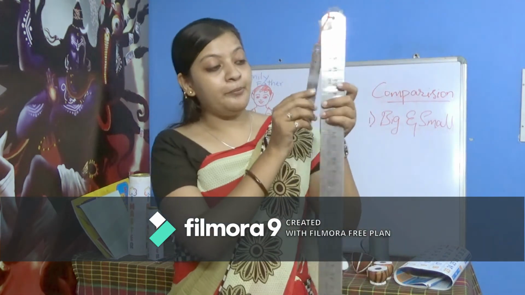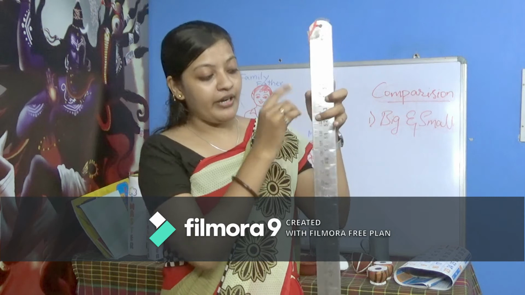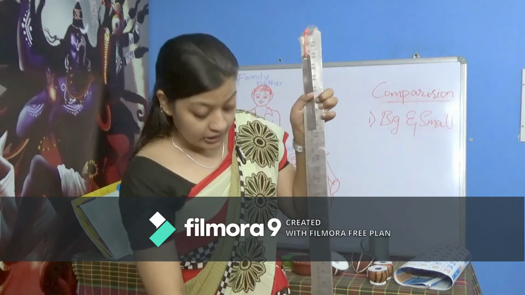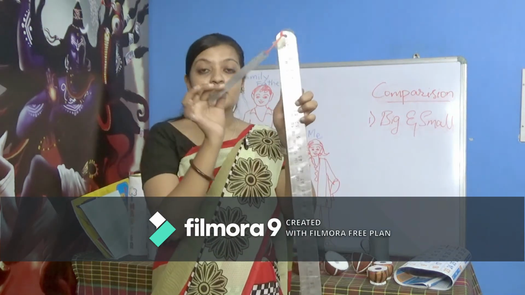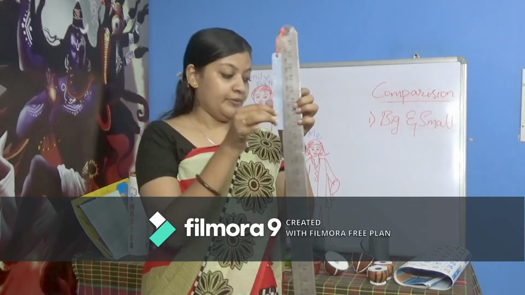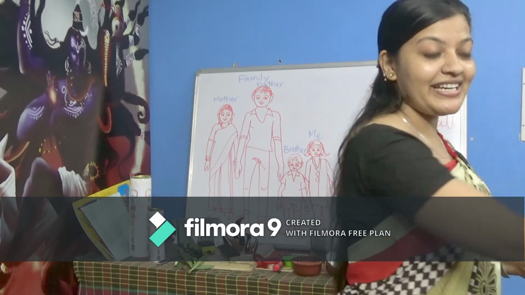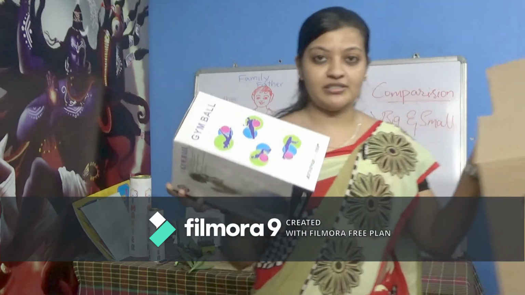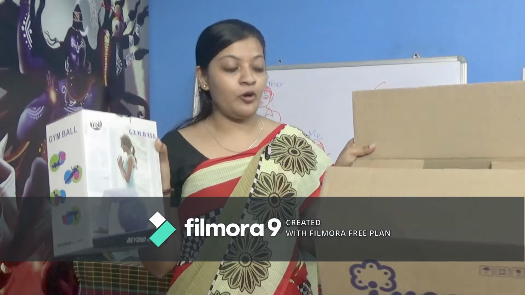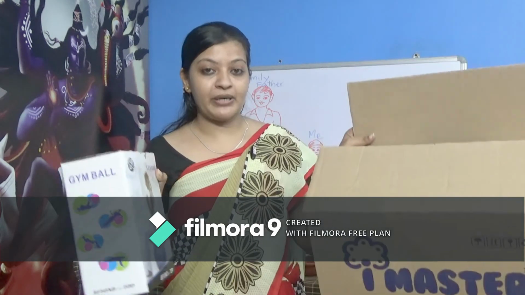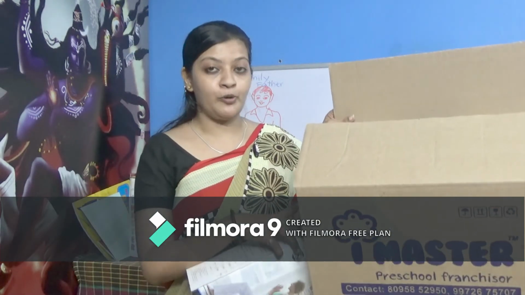So one more article, you can see the big and the small scale, where you can see more numbers here and fewer numbers here. Here I am going with another example. Here are the boxes, where this is the small box and here is the big box. You can keep letters or something with this, but with this big box you can fill all your books and your school instruments.